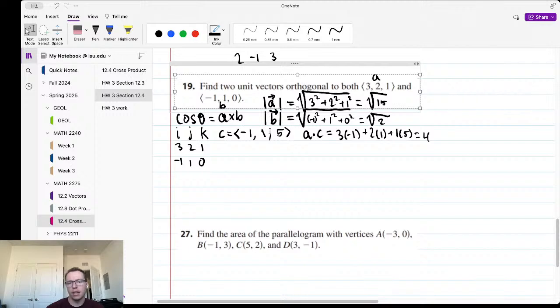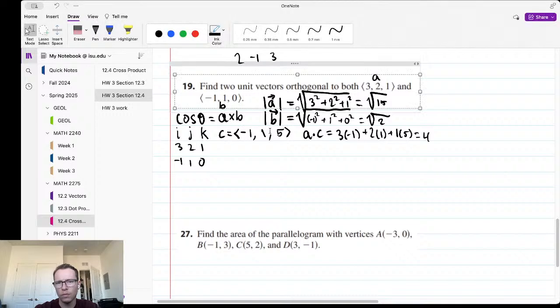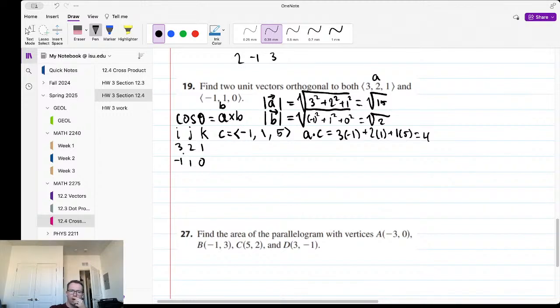If I rescale it, that's not gonna change it, right? Okay, maybe I did this wrong.